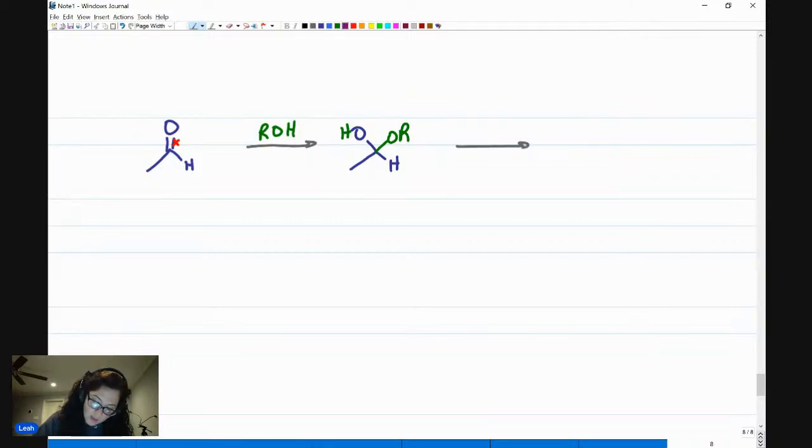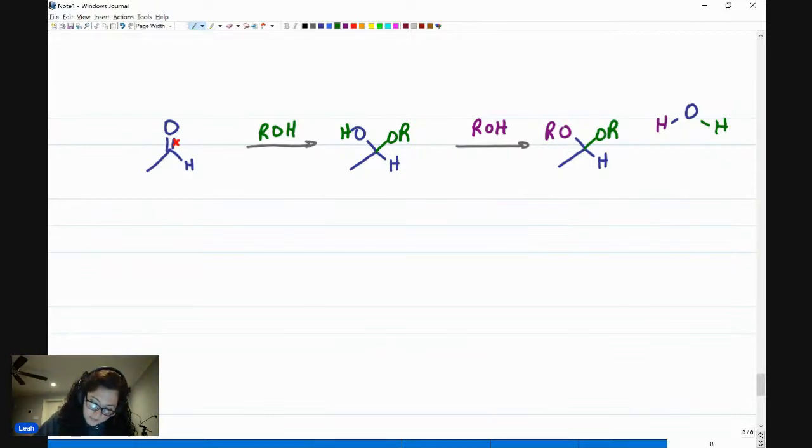If I react it with another ROH, then this right here, we just copy it the same way, except that OH group is completely gone. And in its place, I have the purple OR from the alcohol that came in. And then in solution, I have the hydrogen from the second one, and this entire thing that came off as a leaving group, O and H. So a water molecule off in solution.